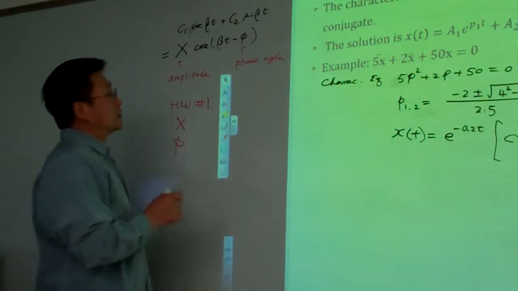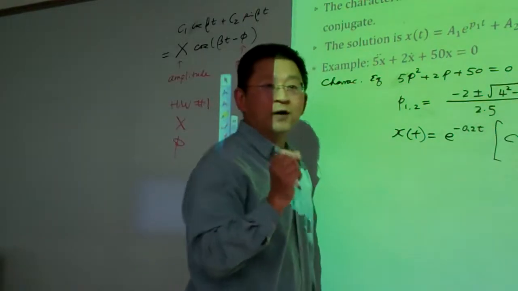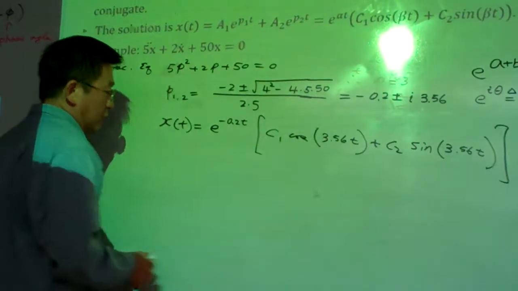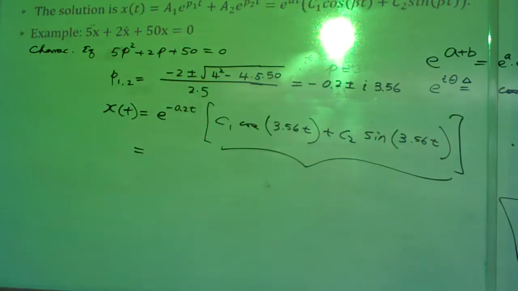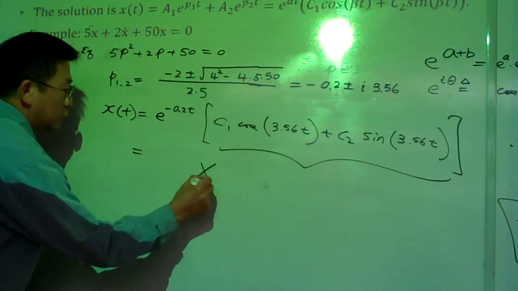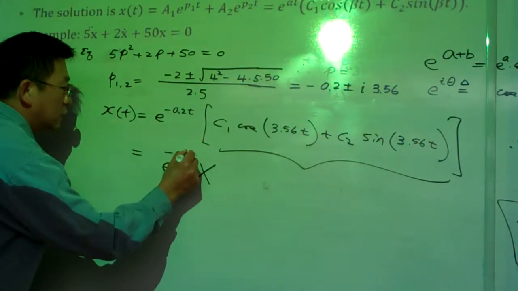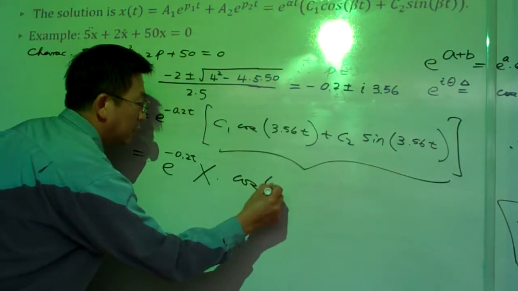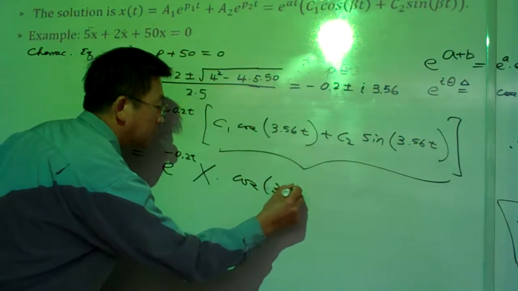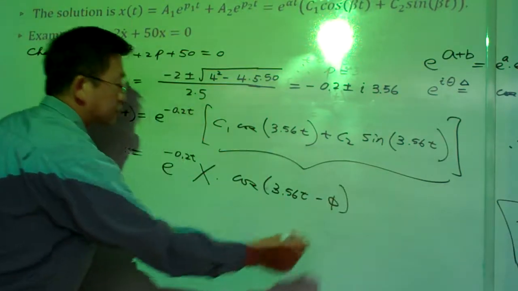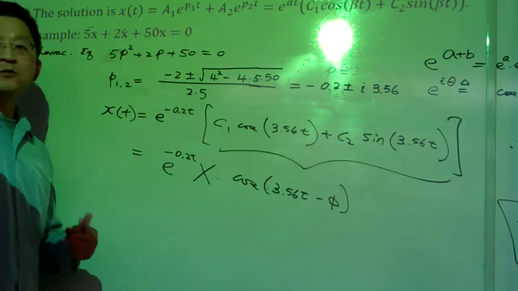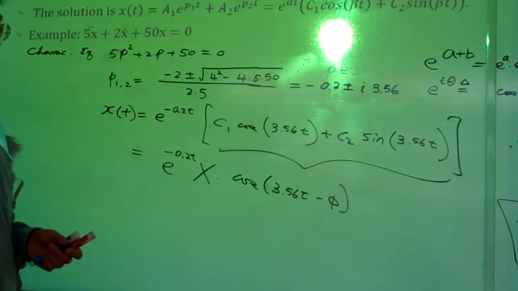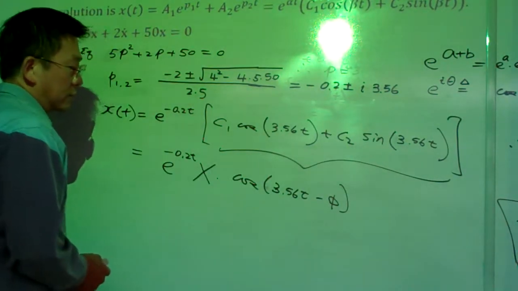Okay. So with this, let me give a little bit more explanation here. This one we can rearrange into this. Basically this bracket can be put into this form: the capital X e to the minus 0.2t times cosine of beta, 3.56t minus phi. And before we fix the numbers, I simply want to give you the numeric example demonstrating the important concept.